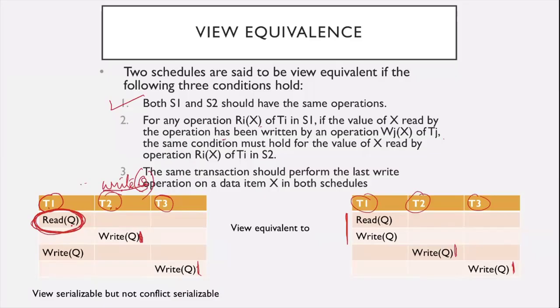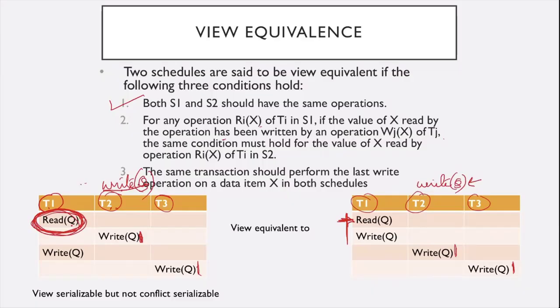So in the other schedule also, there should have been a write Q of T2, so the value read by T1 should have been written by transaction T2. But in our example here, there's only one read. So this value is read directly from the database. This is known as a blind read. So we don't have that operation here.